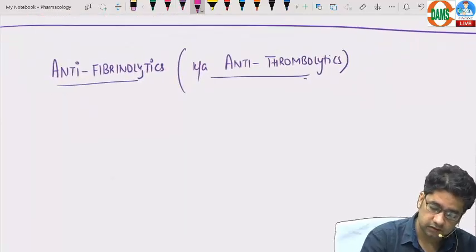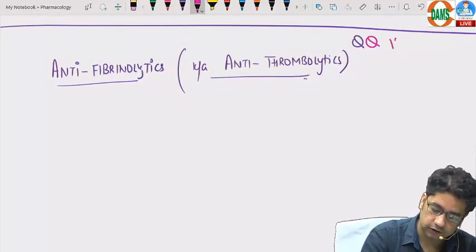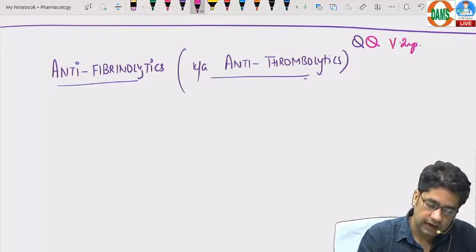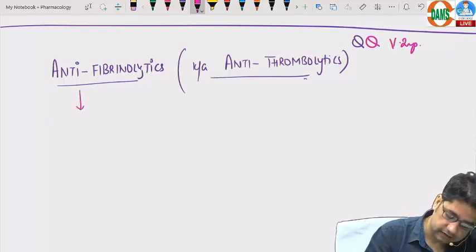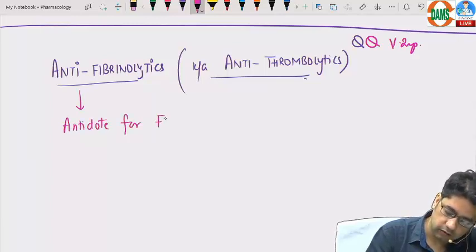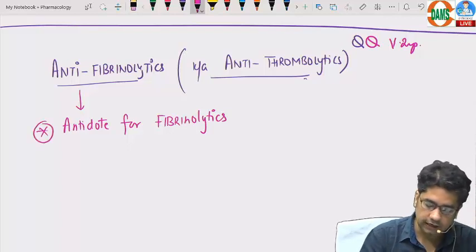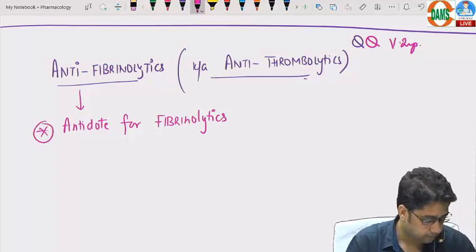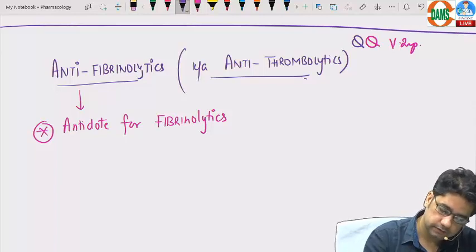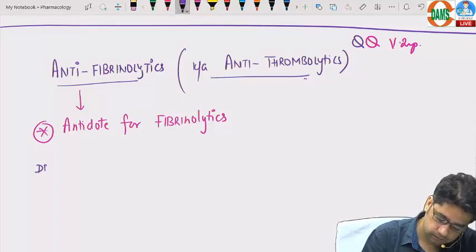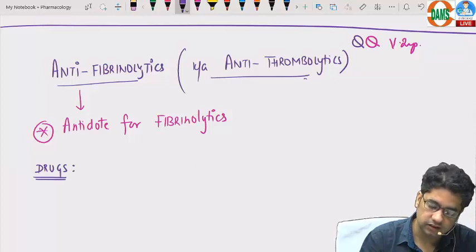Sir, this is a very important point. Antifibrinolytics, they are considered as an antidote for fibrinolytics. They are antidote for fibrinolytics drugs. Very important. You have to remember the names of these drugs.